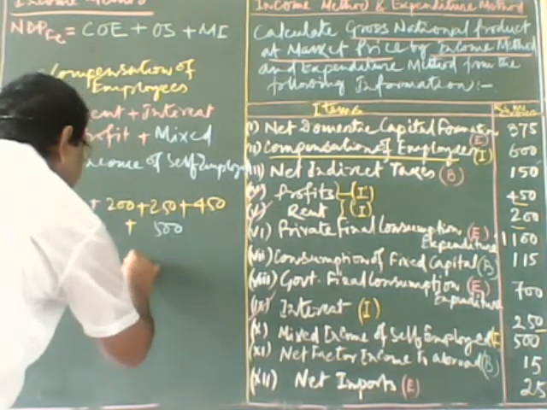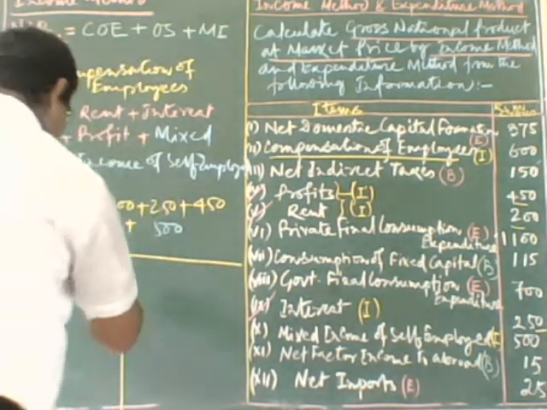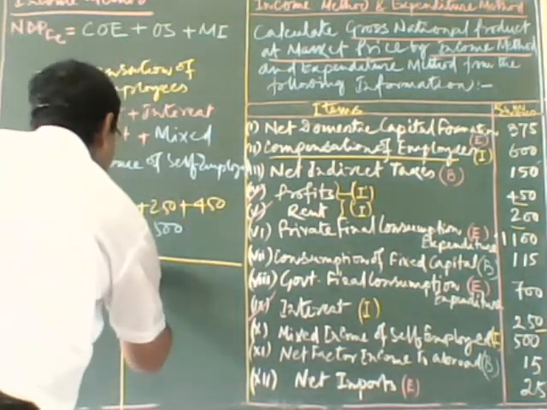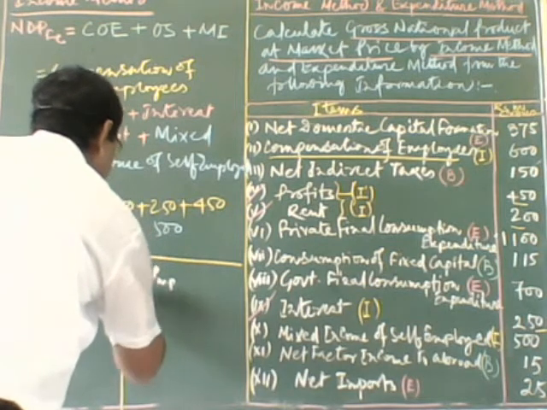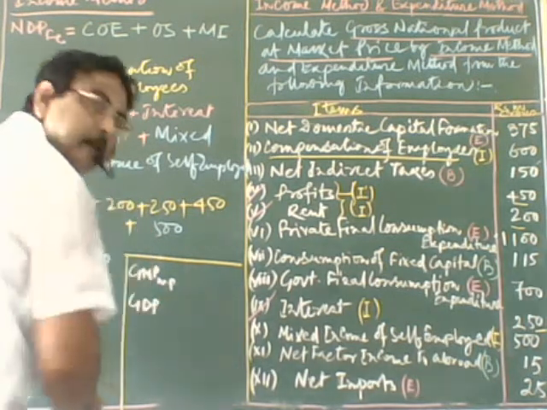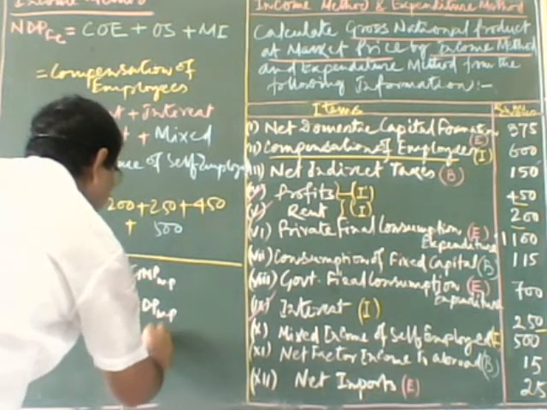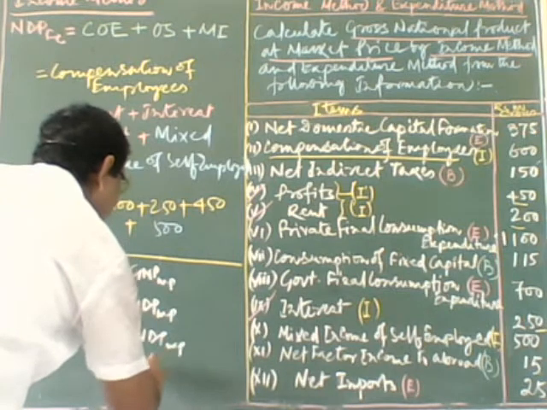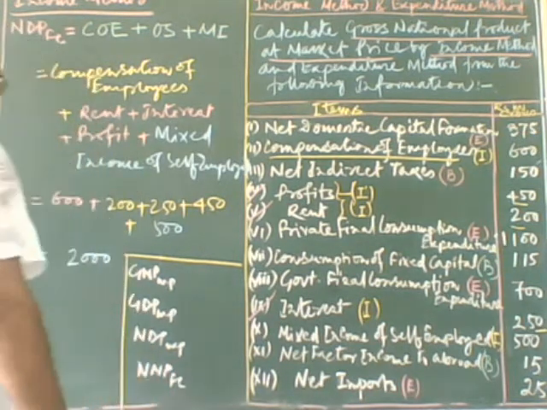Here the chart is GNP market price, GDP market price, NDP market price, NNP market price.